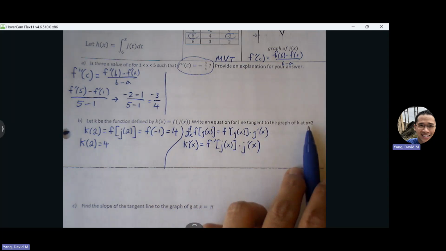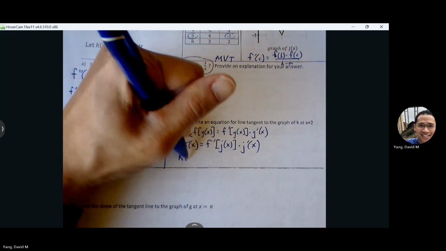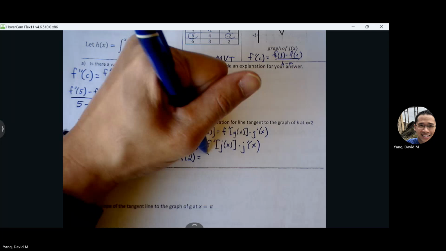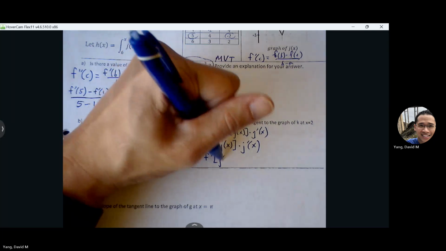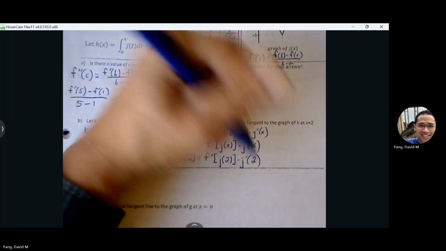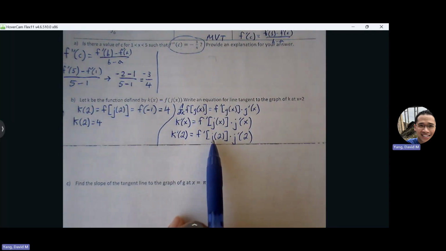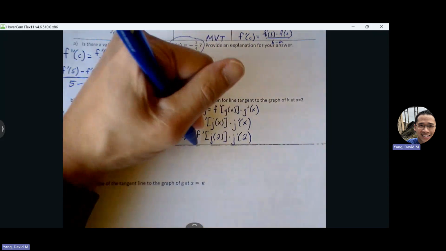Okay, replace all your x values with 2. And then start piecing information into the derivative. We start off with j of 2. j of 2 is equal to -1.